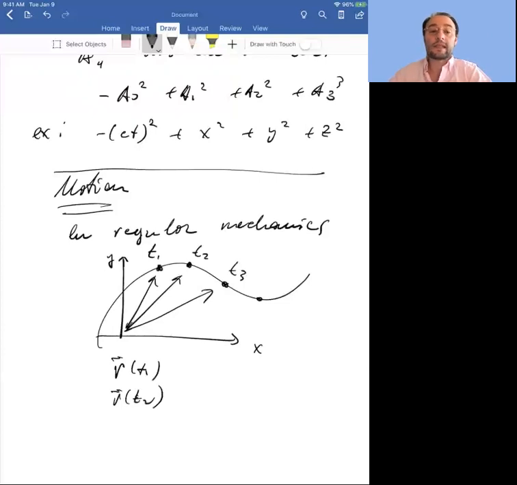And then velocity is defined as the rate of change of position with respect to that parameter: velocity equals the limit as delta t goes to 0 of delta r divided by delta t. As delta t goes to 0, the velocity vector becomes tangential to the trajectory, and the faster the position is changing at a given instant, the longer the velocity vector is.